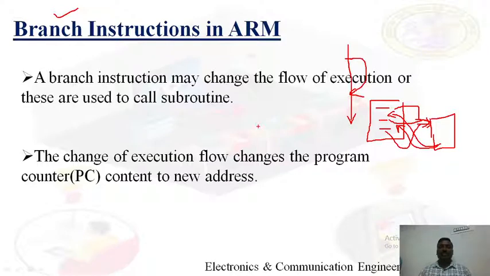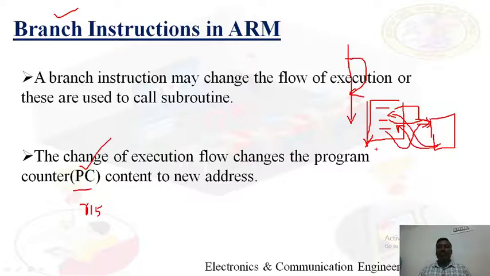Remember, branch instructions are used to deviate the program flow from one point to another point. While doing so, the PC content changes. PC is nothing but register number 15 in the ARM register set. This R15 register, or program counter register, is changed because the program counter keeps track of your program.